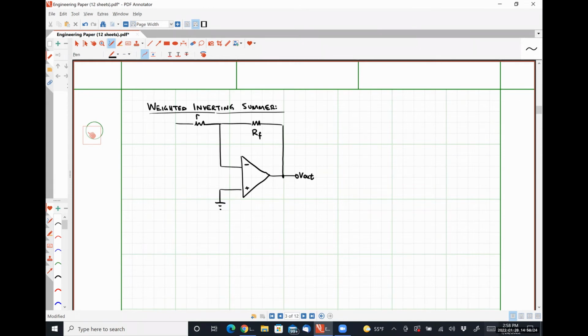So let's call this guy R1. Let's call this guy R2. And let's call this guy R3. And I'm going to have an input voltage VN1 corresponding with R1, an input voltage VN2 corresponding with R2, and an input voltage VN3 corresponding with R3. I could actually have more than this if I wanted to, but you'll get the gist of how it behaves just using a couple of input signals.